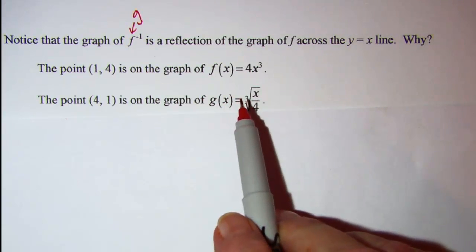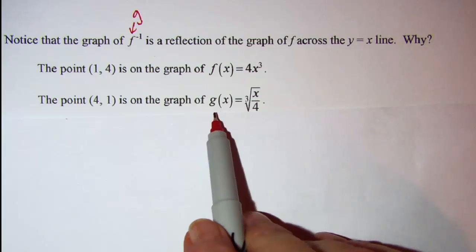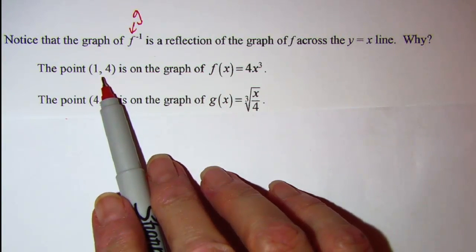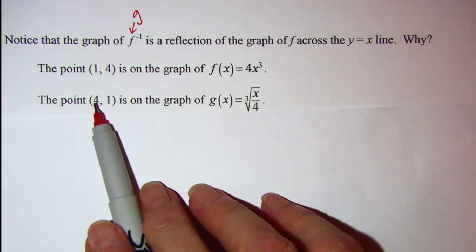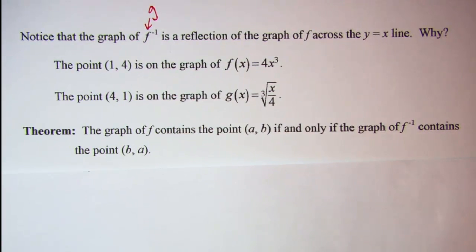So it only makes sense that with inverses, if one point contains (x, y), then the other one contains (y, x). So our theorem that goes with that is: the graph of f contains the point (a, b) if and only if the graph of f inverse contains the point (b, a).